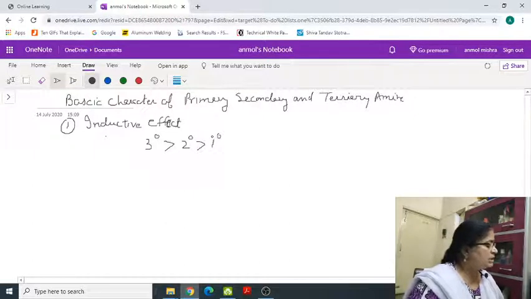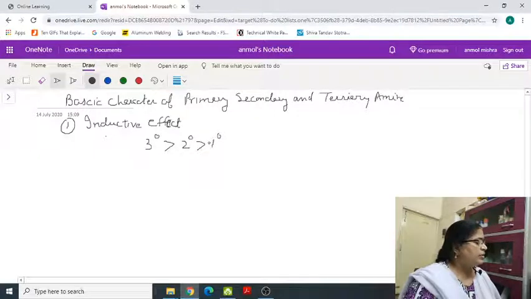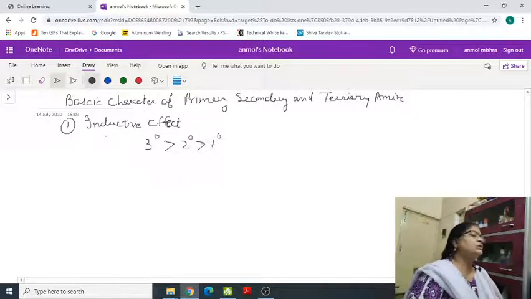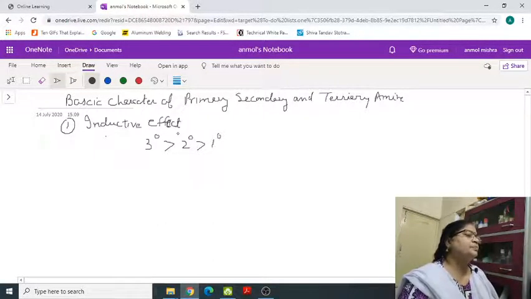With increase in the number of alkyl groups, the positive charge, that is plus I effect, increases. Therefore, tendency to donate will be difficult. Therefore, tertiary is greater than secondary, is greater than primary.